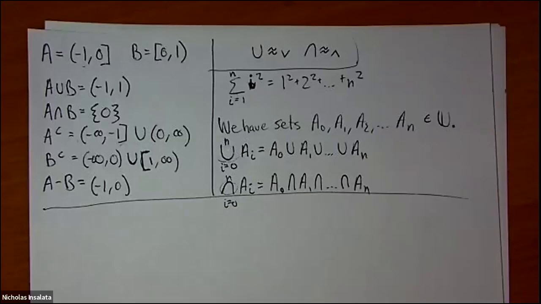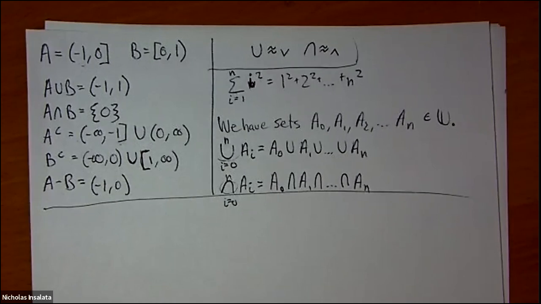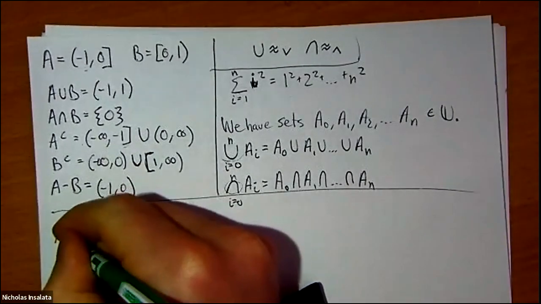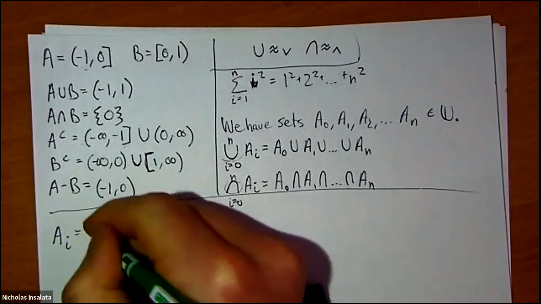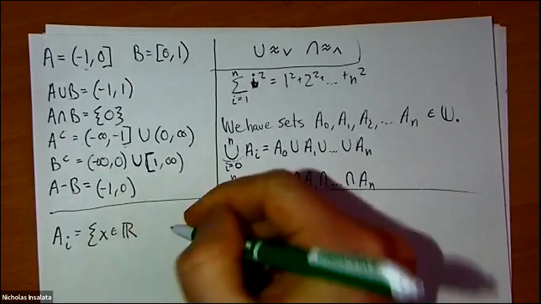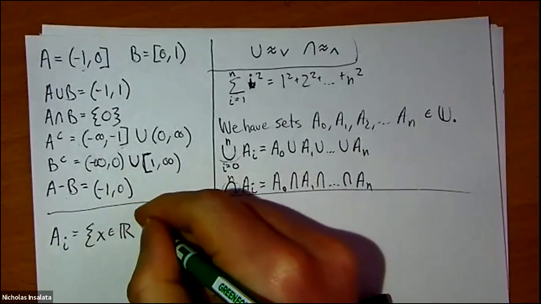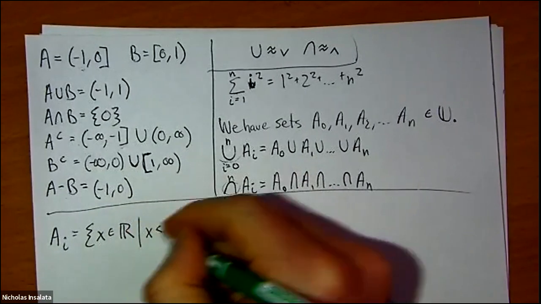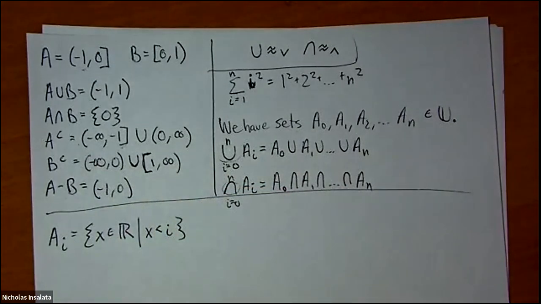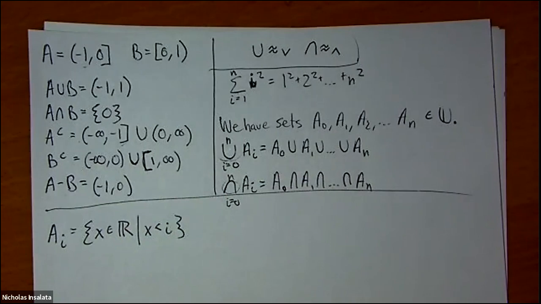All right. So I found a problem for this union and intersection business. Here's the idea. A sub i is the set of all x in the real numbers such that x is less than i. Oh, did I do that wrong?